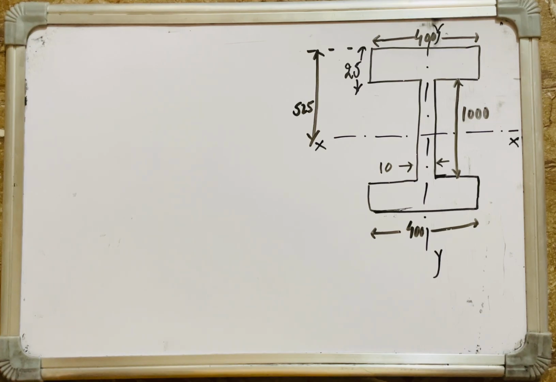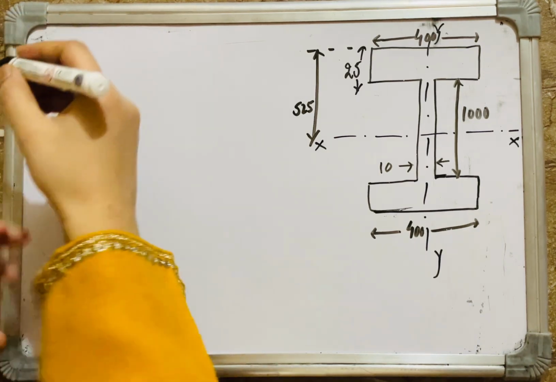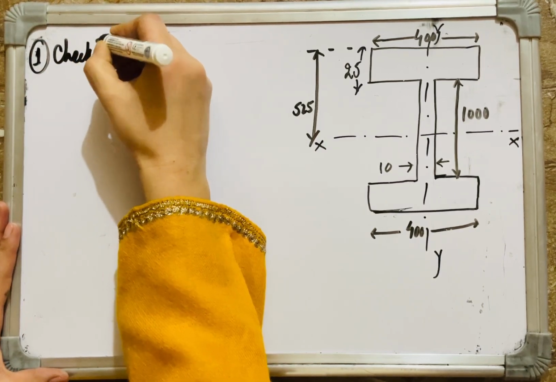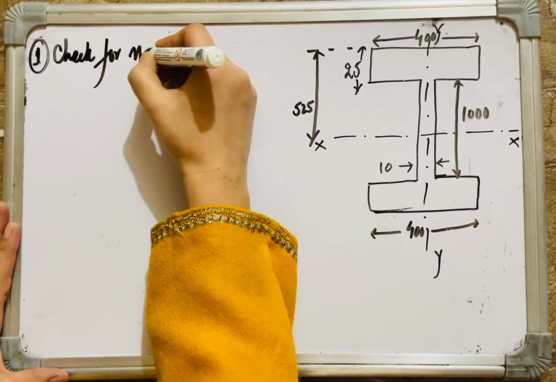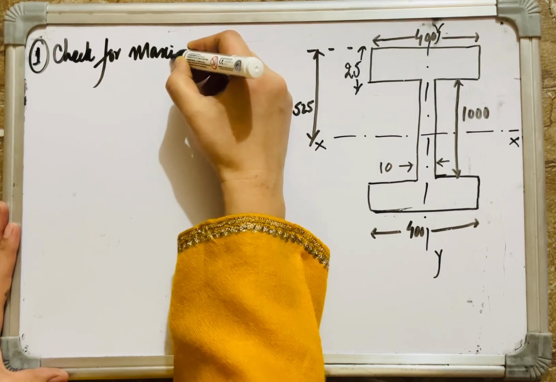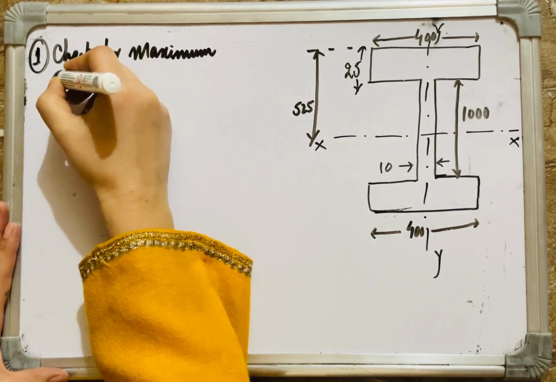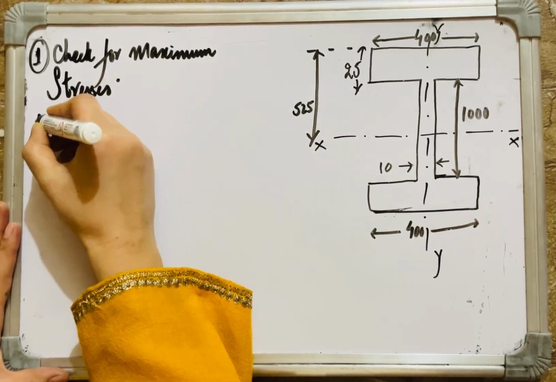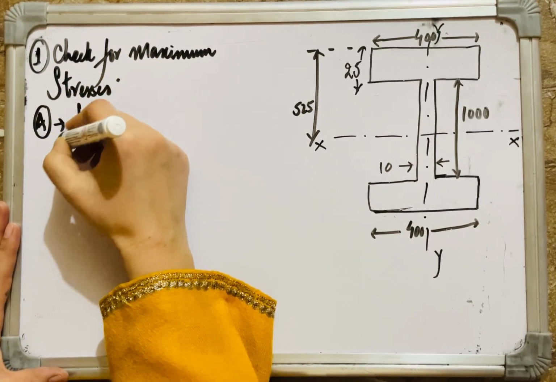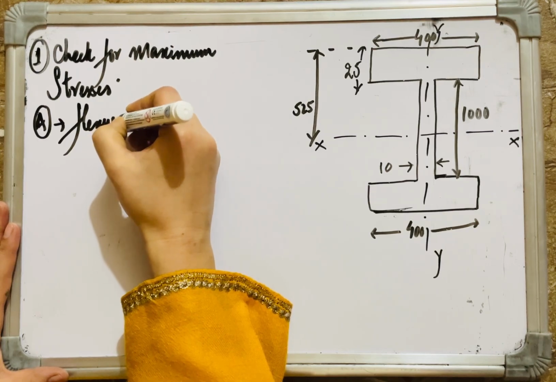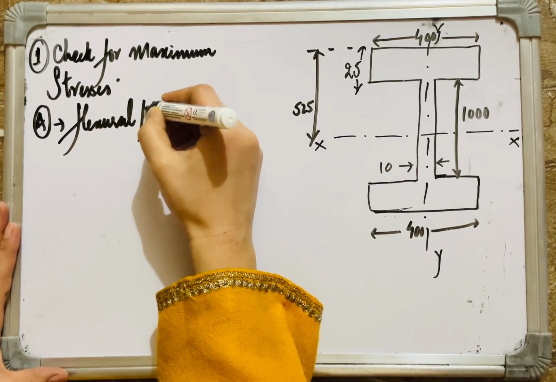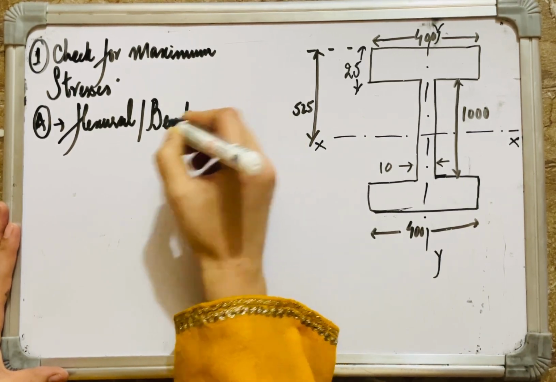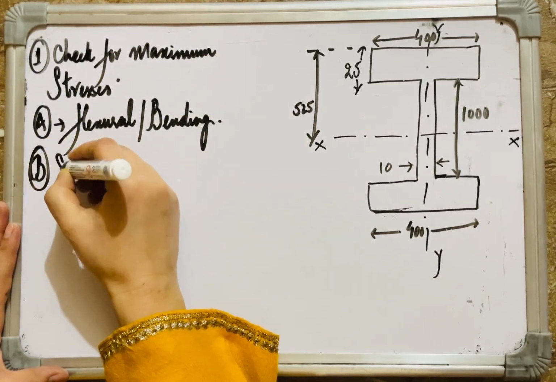Now we will have various checks. The first one is the check for maximum stresses. We'll be checking it for A, flexural or bending stresses, and B, shear stresses.